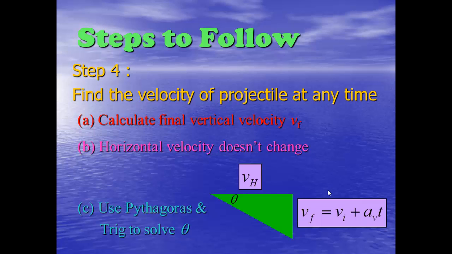The only acceleration the projectile experiences once it's left the launch position is in fact gravity. So we know that our horizontal velocity doesn't change. Knowing our initial vertical velocity, how long it's in the air for, and gravity, we can work out the final vertical velocity, and then we can use Pythagoras and trig to find the angle, but also the magnitude of the velocity.